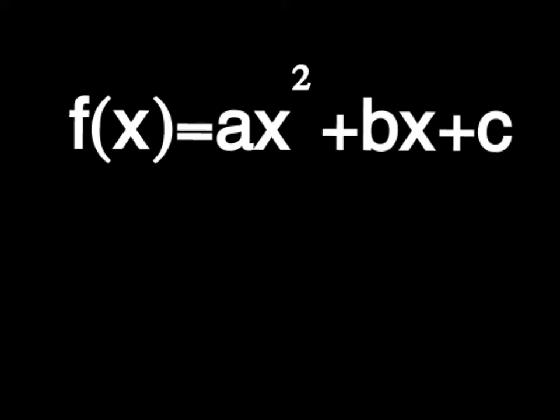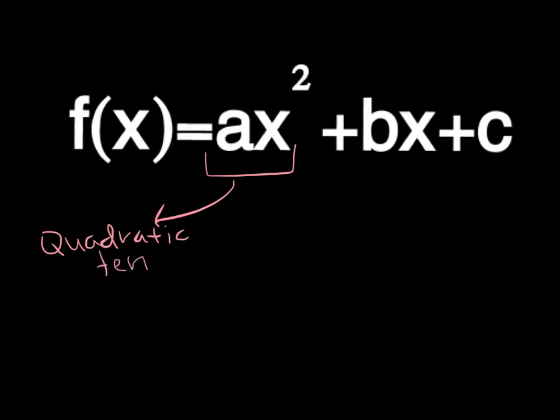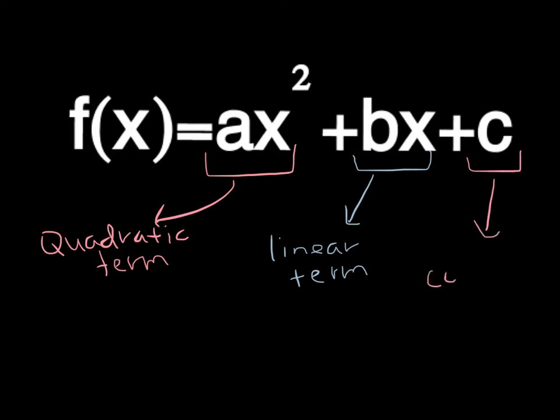This term right here is called our quadratic term. This is called our linear term. And this is our constant.